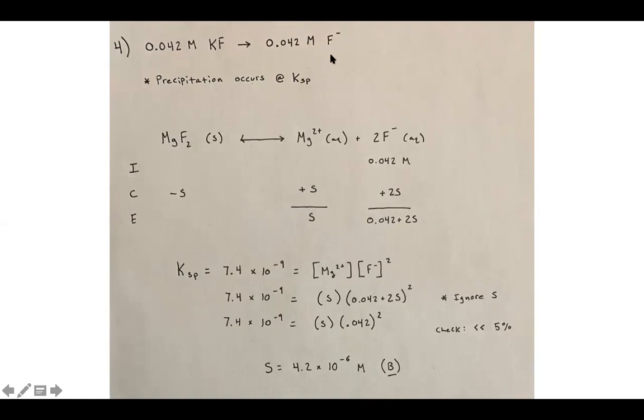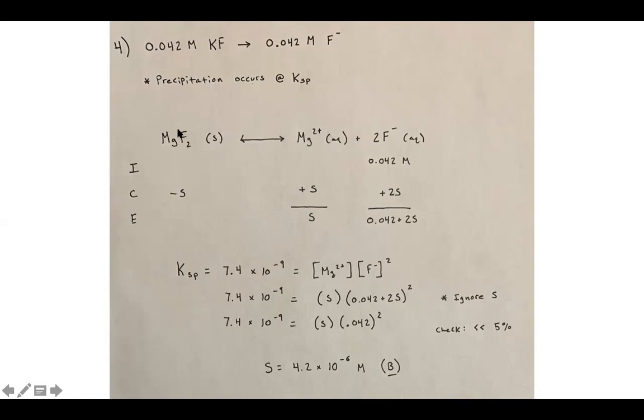Now that we know how much fluorine we actually have in this solution already, we're going to write our KSP equation, because they gave us the value of the KSP in order to solve for the concentration of magnesium needed. Magnesium fluoride solid could dissolve into magnesium 2 plus aqueous plus 2F minus aqueous. Now, this question put it in terms of using ions to form solid.